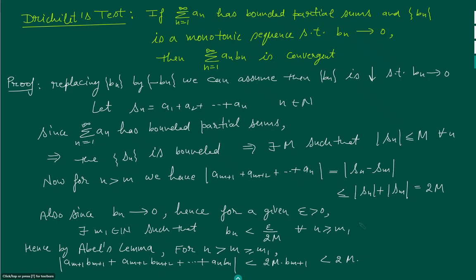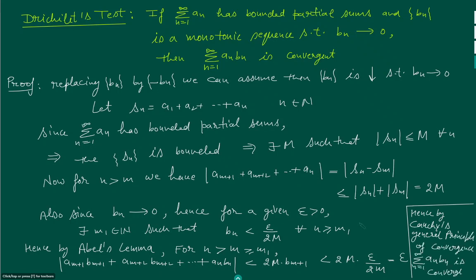This is by using Abel's lemma. And bm and bn is less than epsilon by 2M for all n greater than or equal to m1, so it is less than epsilon by 2M into 2M, and that is only epsilon, all right. And hence by Cauchy's general principle of convergence, the series summation an bn is convergent, all right. Is this clear?